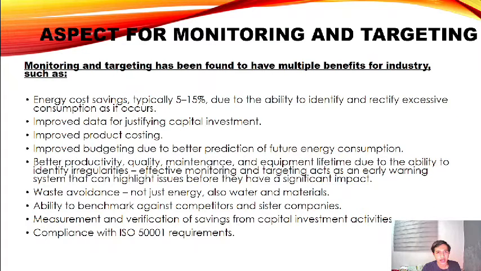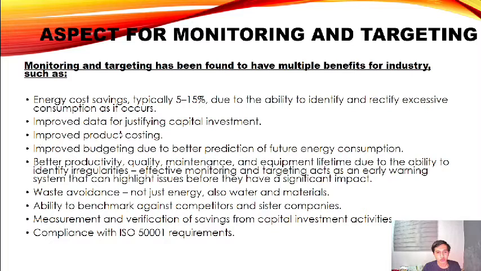Next is aspects of monitoring and targeting. Monitoring and targeting has been found to have multiple benefits for industry, such as the first, energy cost saving, typically 5 to 15% due to the ability to identify and rectify excessive consumption as it occurs. Then, improved data for justifying capital investment.